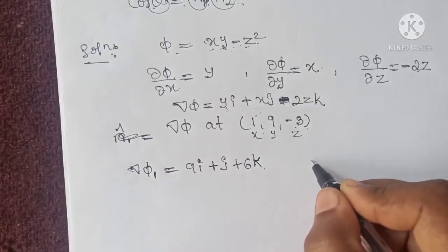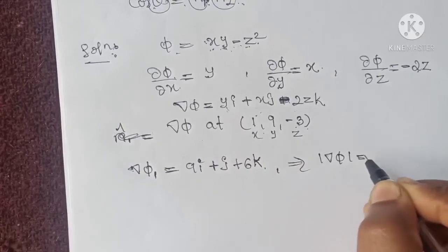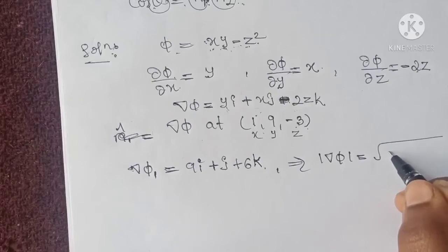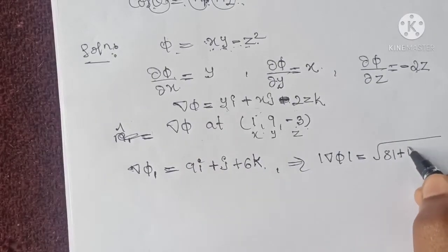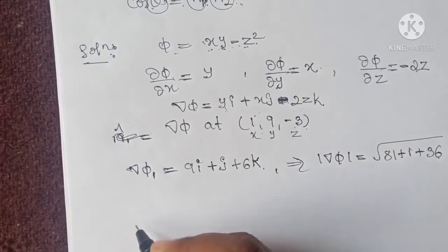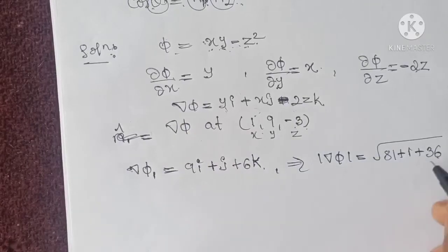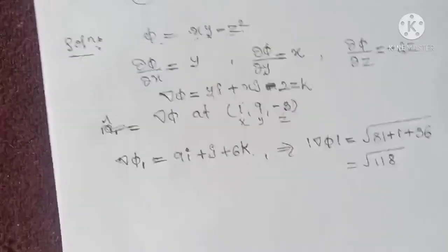Now the mod of this del phi is equal to 9 square, which is 81, and 1 square, 1, 6 square, 36. On adding all these we get 118, square root of 118.